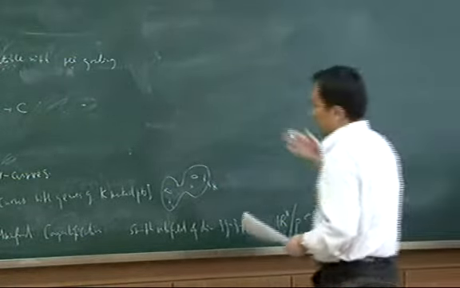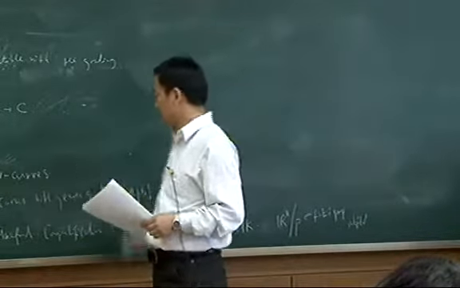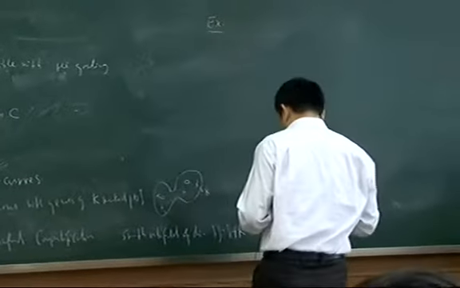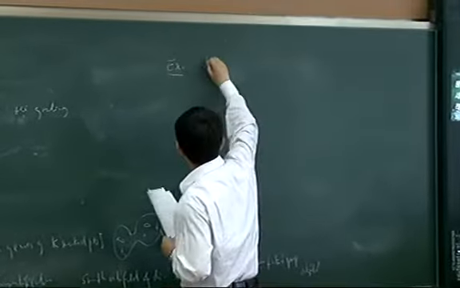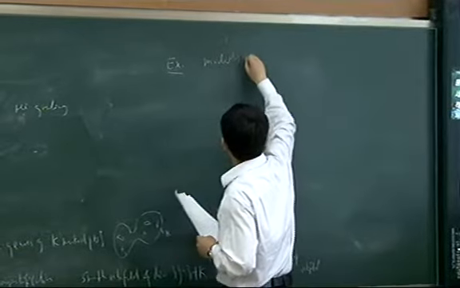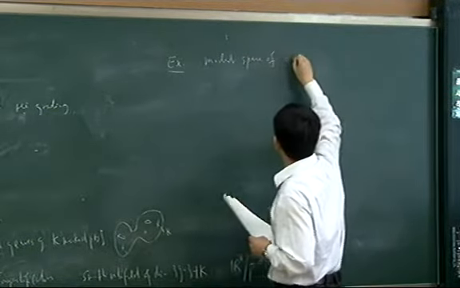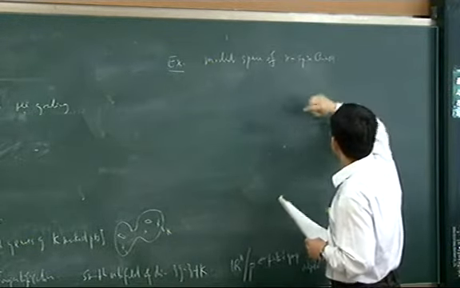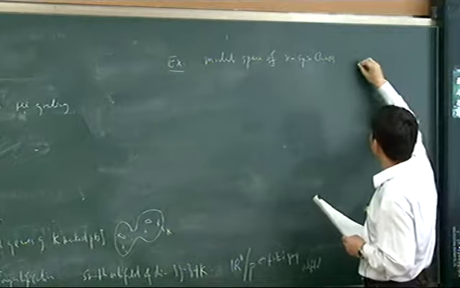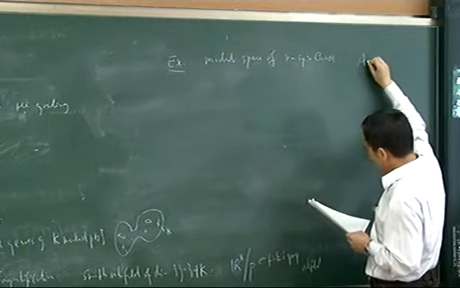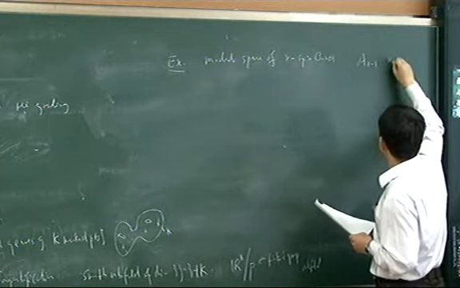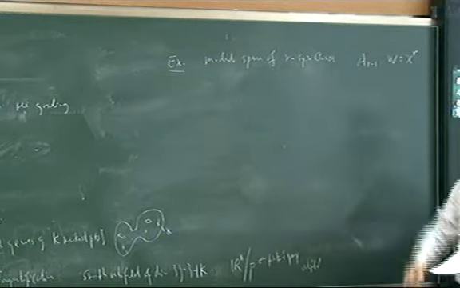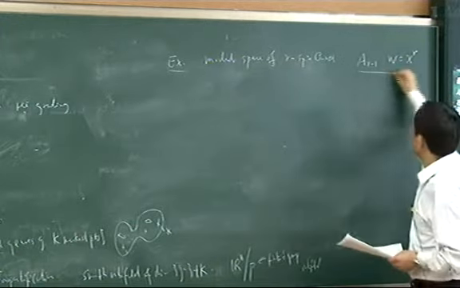And then I want to study the moduli space of W curves. But before that, I describe the moduli space of r-spin curves. This case corresponds to the polynomial A_{r-1}, that means W equals x^r.